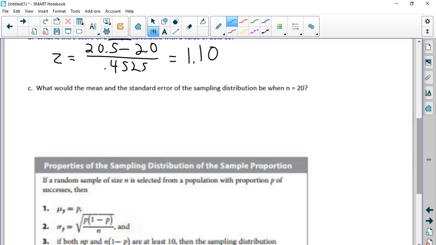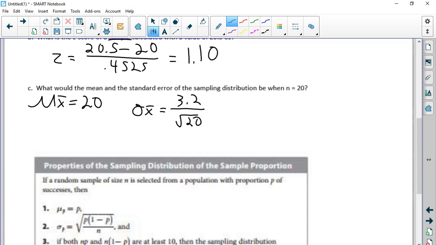What would the mean and standard error be of the sampling distribution when n is 20? Well, again, we're going with our mean of 20. So our sample standard deviation, or our standard error, is equal to 3.2 divided by the square root of 20 this time.